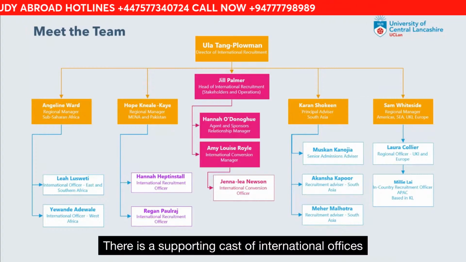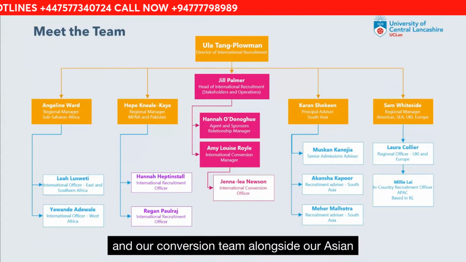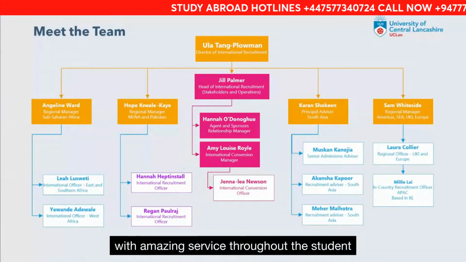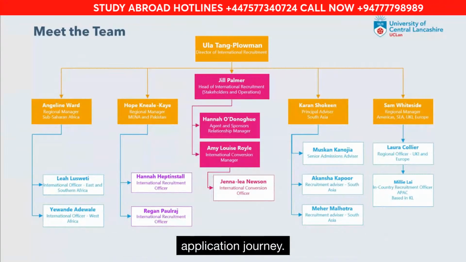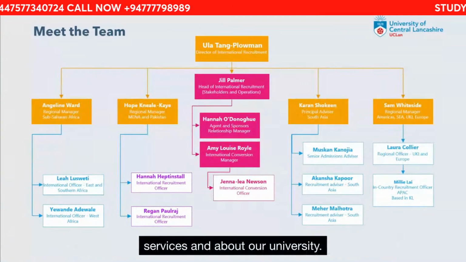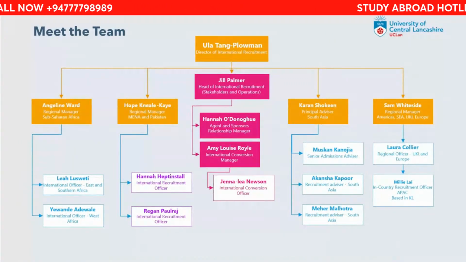There is a supporting cast of international officers and our conversion team, alongside our agent and sponsor relationship manager, there to provide you with amazing service throughout the student application journey. Come along with me for more information today about our services and about our university.